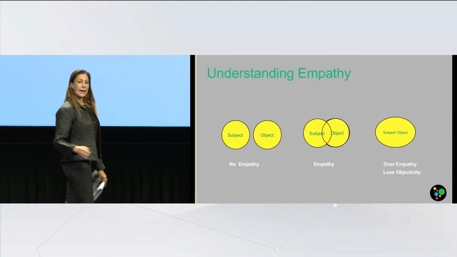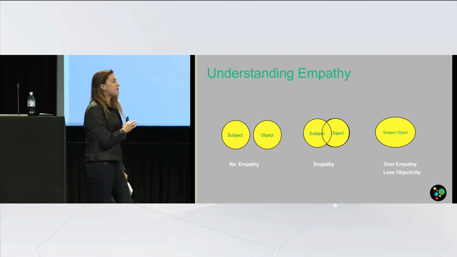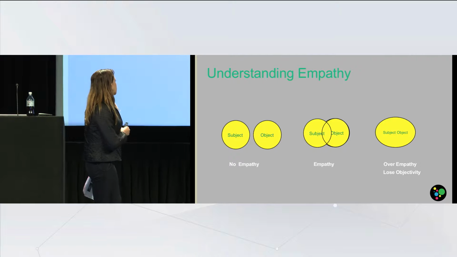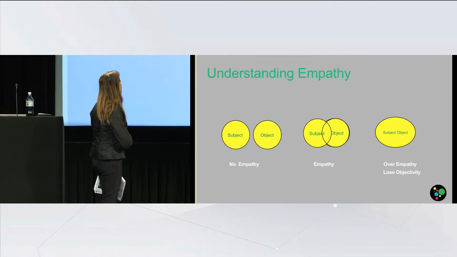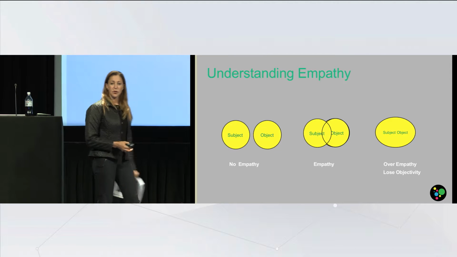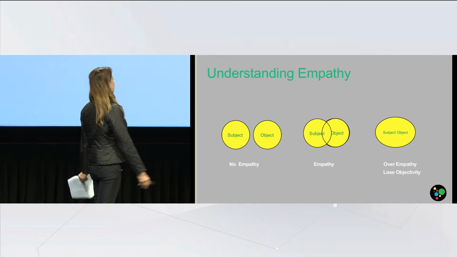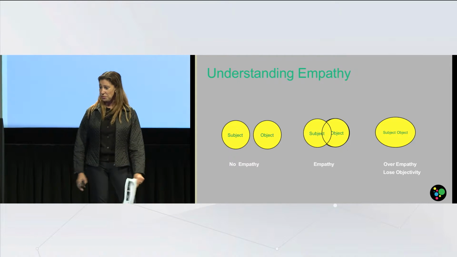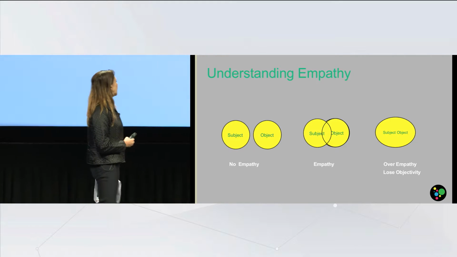So just to break down the understanding of empathy, there are 3 ways to look at it. We look at a Venn diagram that I have here. No empathy means you have the subject and the object, so the game and the player, and there's no connection between the two. People are not experiencing that, don't have that, don't understand that.